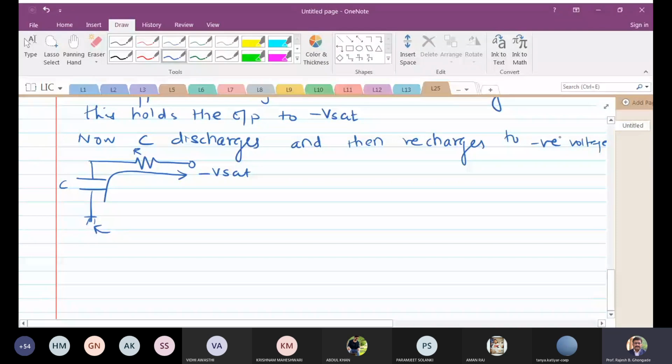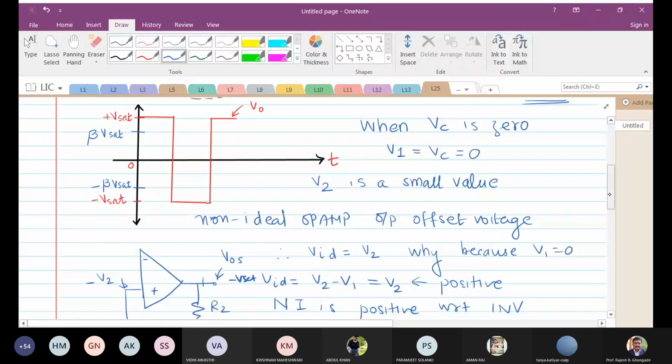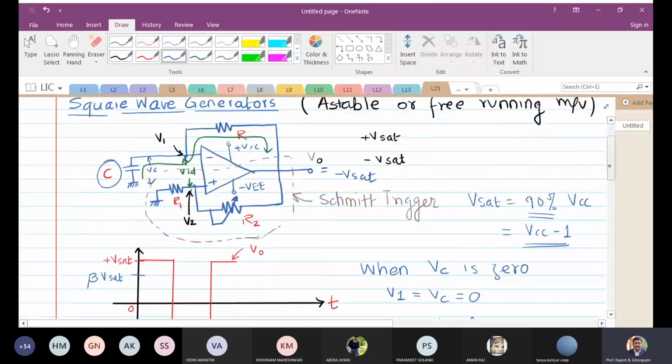But up to what value? Slightly higher than minus V2. See this. So now the capacitor has started charging negatively and it goes slightly more than V2.